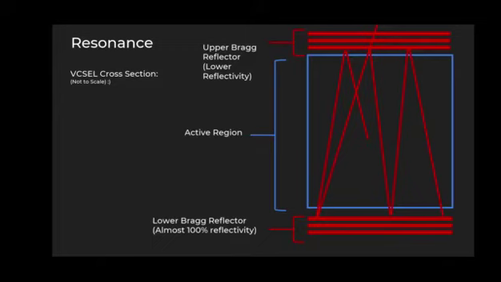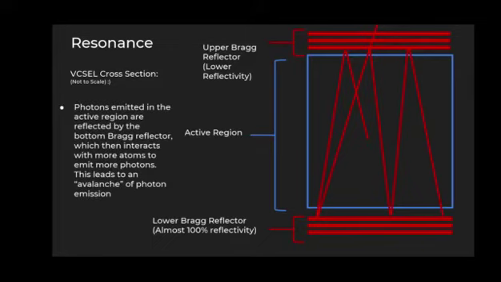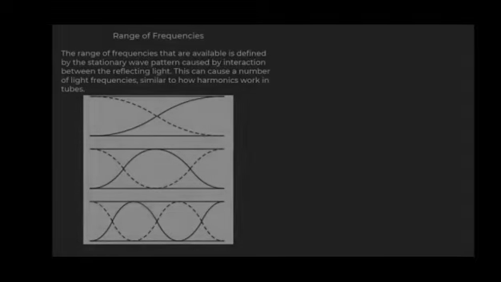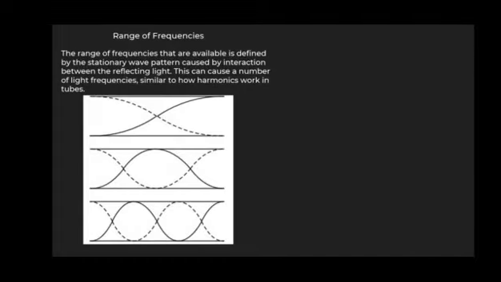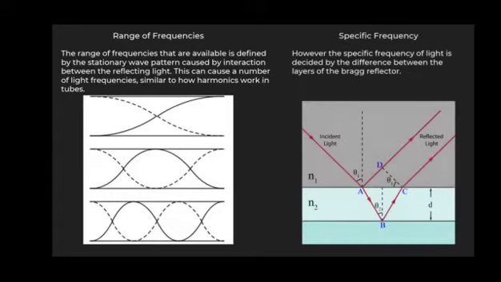This creates an avalanche of photons, which are also emitted and travel alongside the original light, which increases the brightness. These waves then form a stationary wave of select frequency within the resonator, defined by the length of the cavity. This creates a range of possible frequencies of light that could be emitted. However, only the frequency matching that of both the band gap of the medium and the resonator is selected.